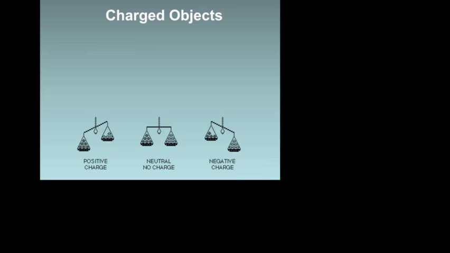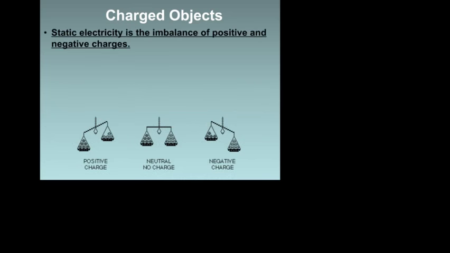But not all objects are neutral. Objects can be charged. Objects can be positively charged or they can be negatively charged. Static electricity occurs when there is an imbalance of positive and negative charges.